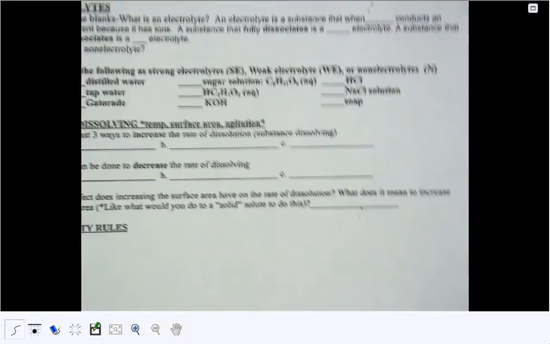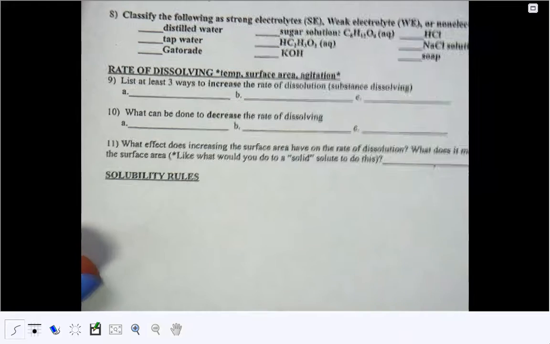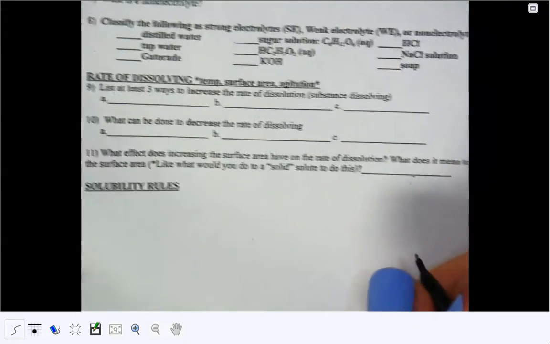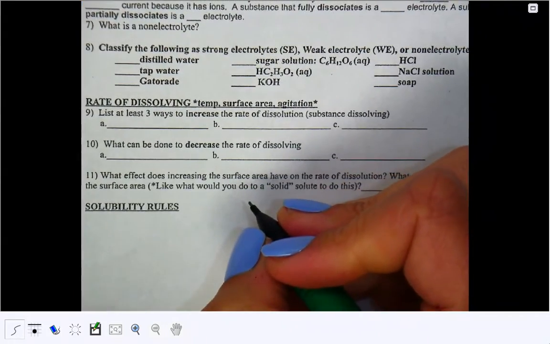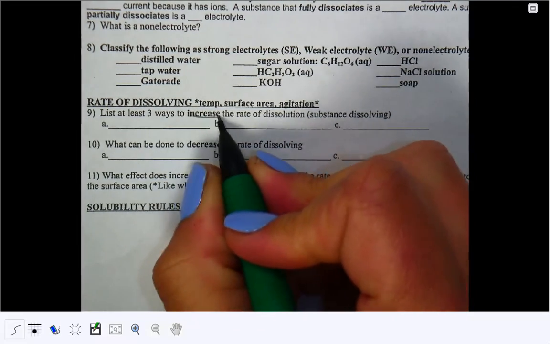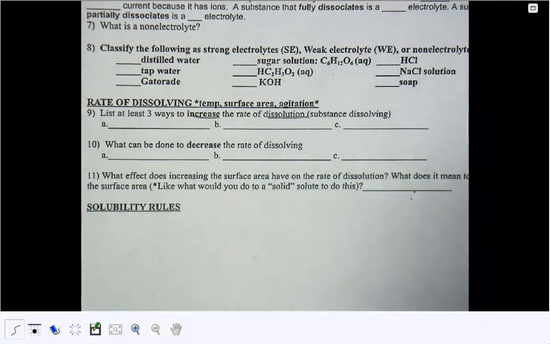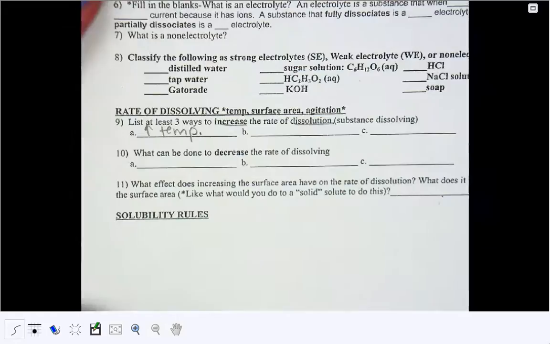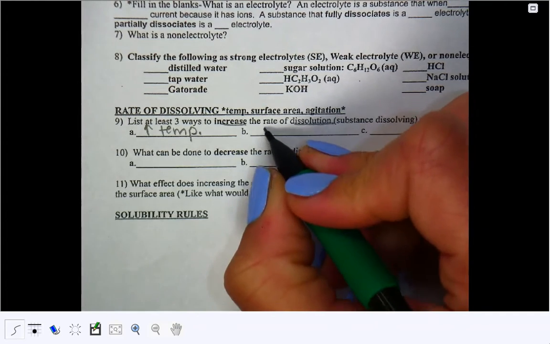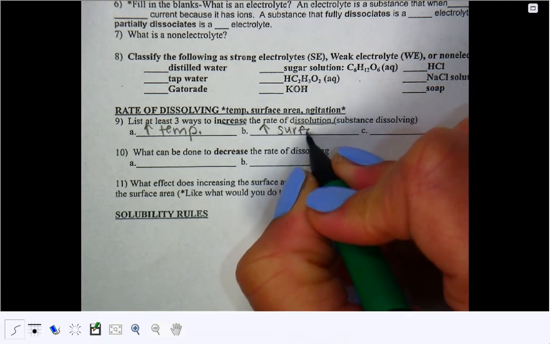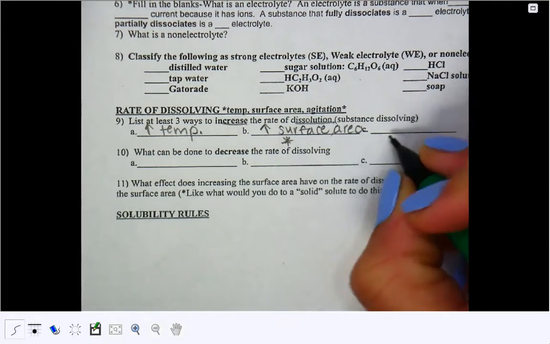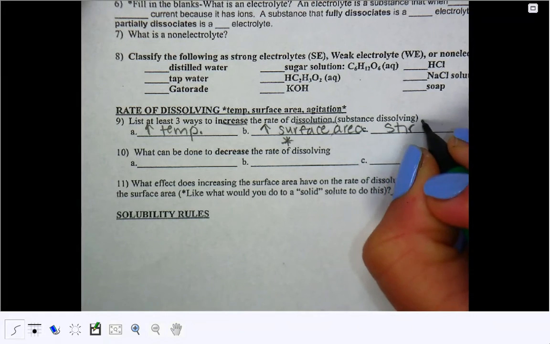Okay. So rate of dissolving. This one was briefly went over in our notes on day 1 of this chapter. You had to kind of look for it. So just in case you didn't see it, the 3 ways to increase the rate of dissolution, how you dissolve something: you want to increase temperature, you want to increase your surface area, and I'll talk about that one in a second, and you want to stir or agitate it.